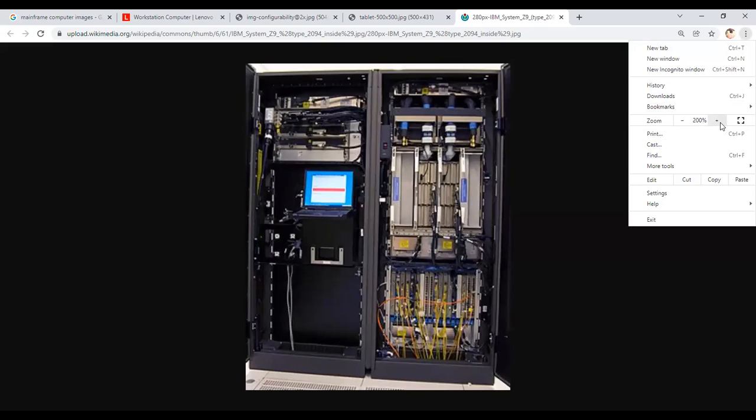So have a look. This is a mainframe and computing speed is much faster when compared to others. Here it is linked to all these things. These are the mainframe computers.